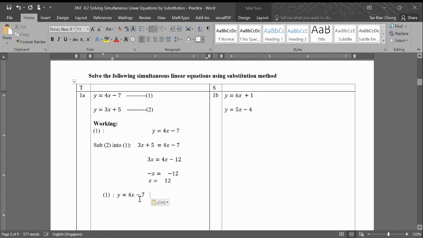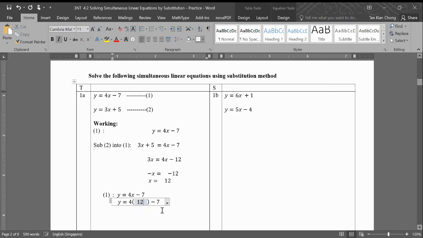Now I'm in the next line. I'm going to replace x with a pair of brackets. Very important here: whenever I do substitution, it's Mr. Tan's habit, I always replace x with brackets. What goes inside the bracket is the value of x, which I found to be 12 just now.